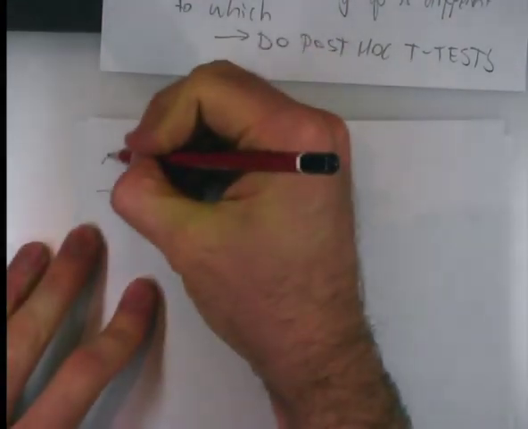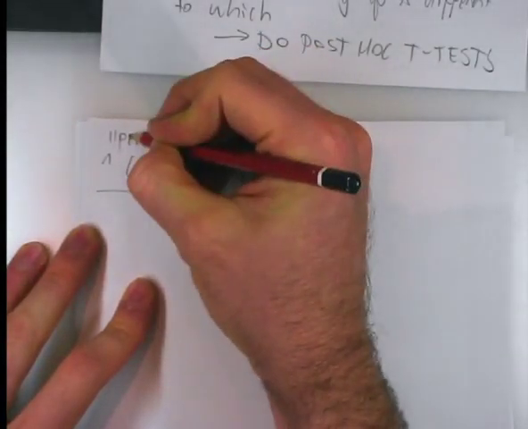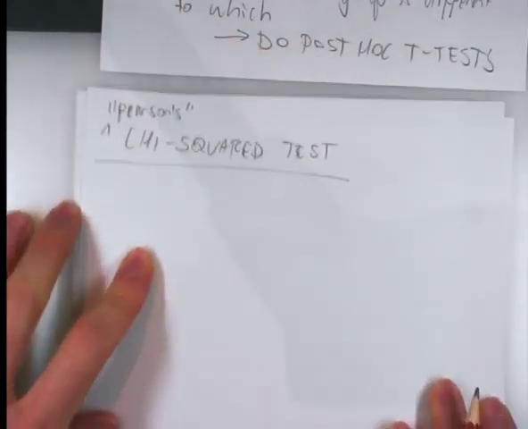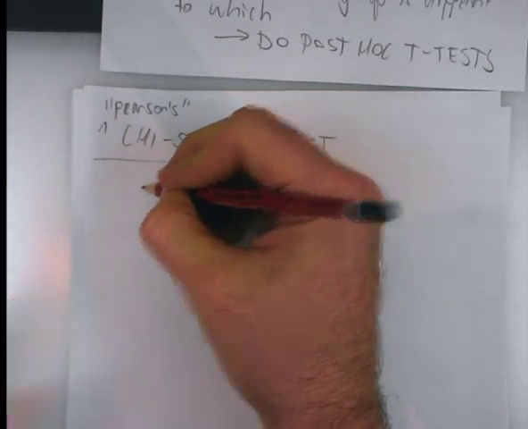So it's technically Pearson's, because Pearson invented it. The chi-square test is designed to answer a question like the t-test, except that the outcome can be a category.